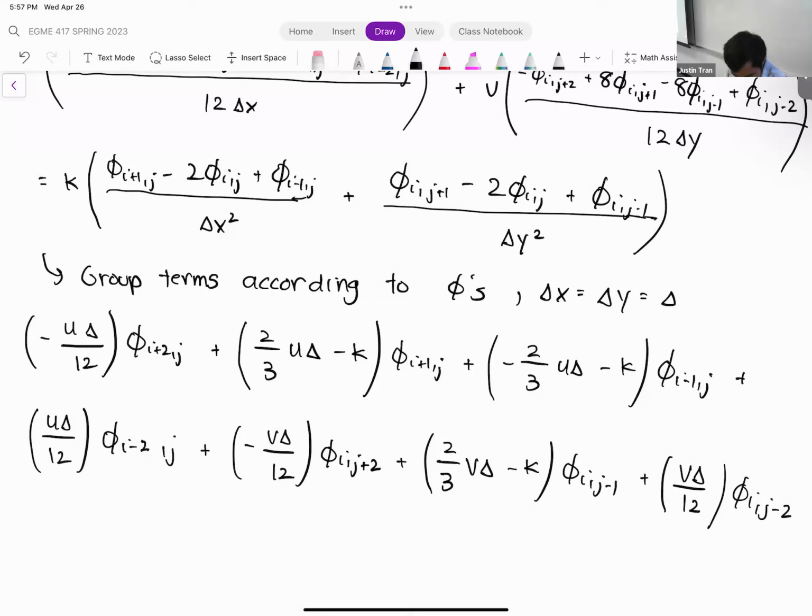Oops, sorry, I missed a term here. Let me see what the best way to do this is. Okay, so this term right here, the j minus 1 term, should be j plus 1. Sorry about that. So, one small typo.